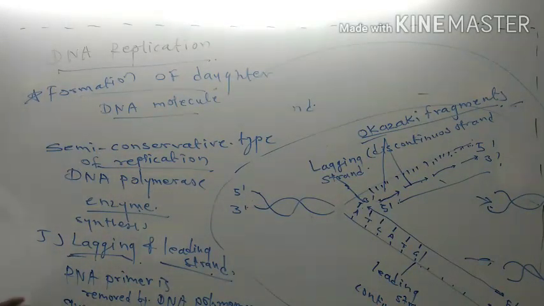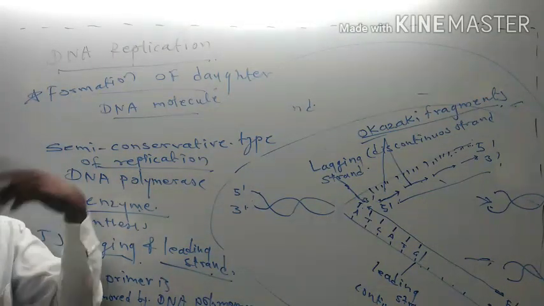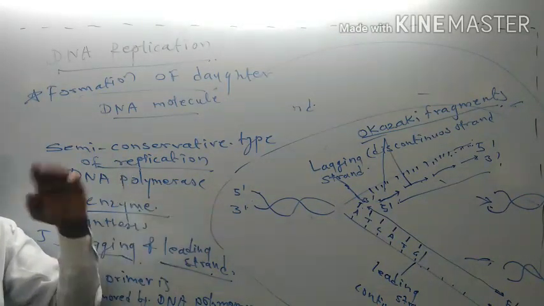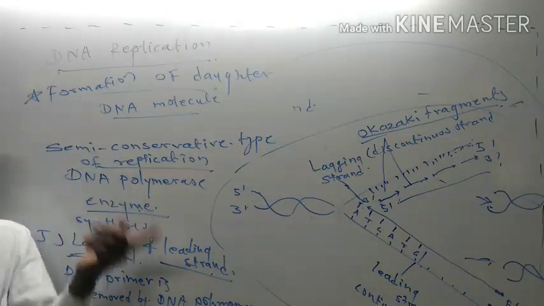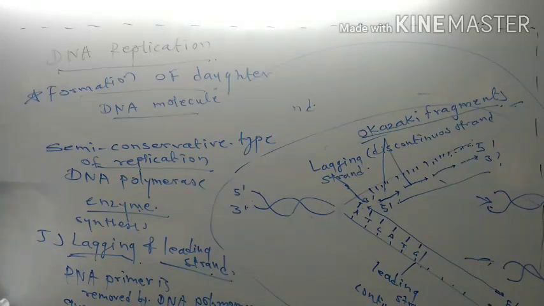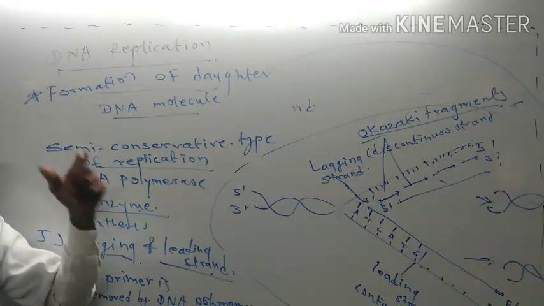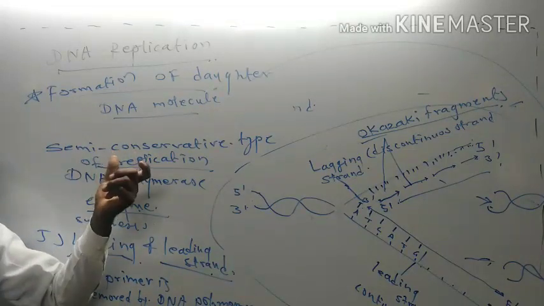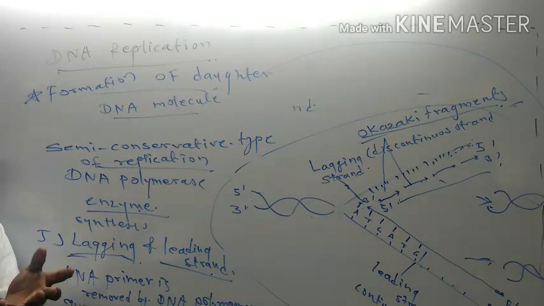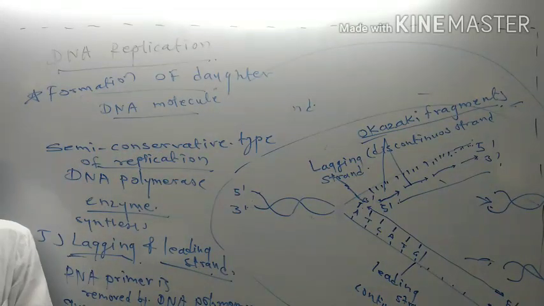A replication in which a parent DNA strand is conserved in the daughter DNA, and one new strand is present, such a replication in which, in the new or daughter DNA, one strand is the parent strand and one newly synthesized strand is present, is called as what?